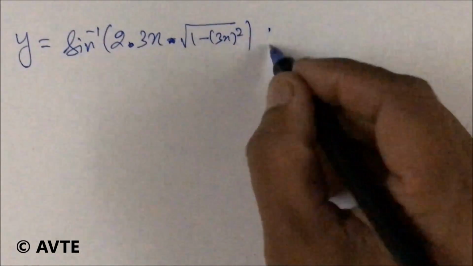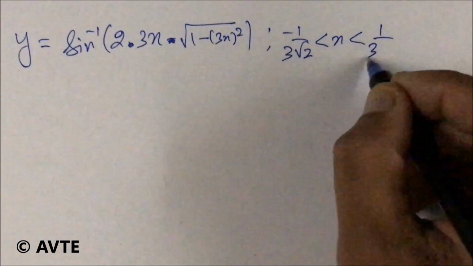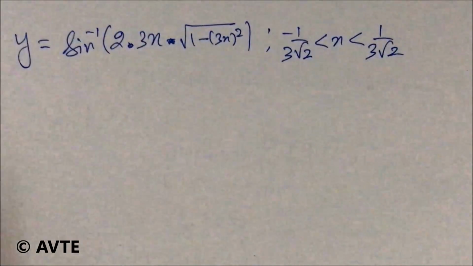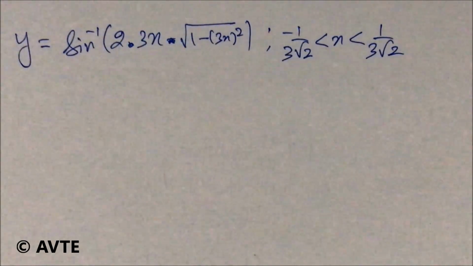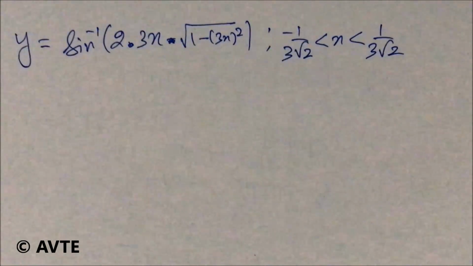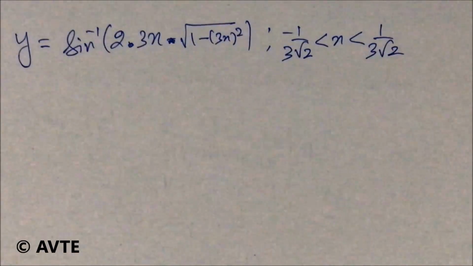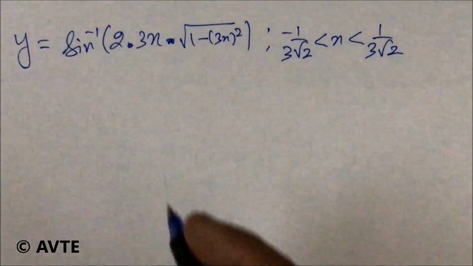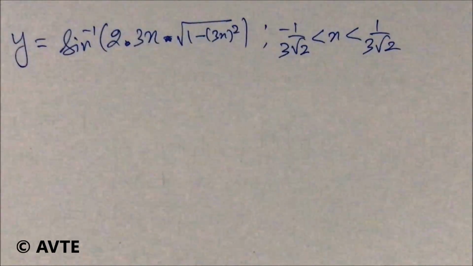There are also the conditions given to us which are very important, because with this you cannot put cos. If you put cos, then it will be beyond the domain of sine inverse. So what we do, we put 3x equals sine theta.